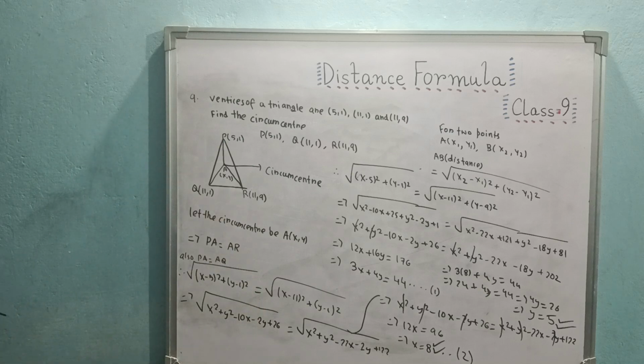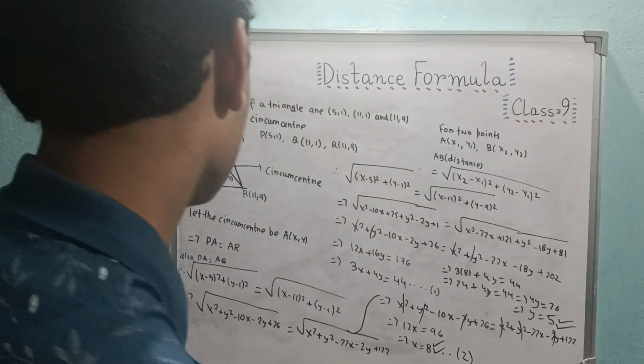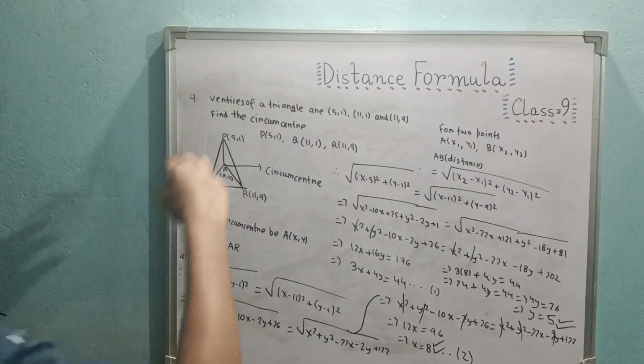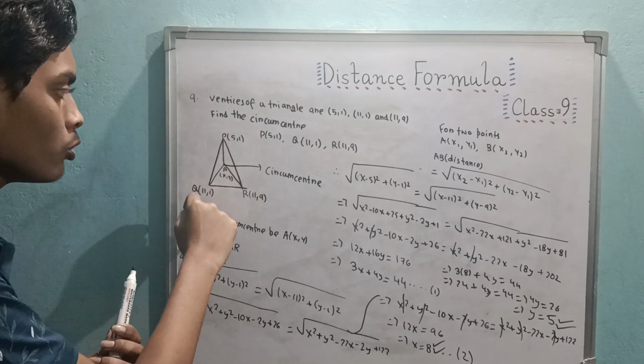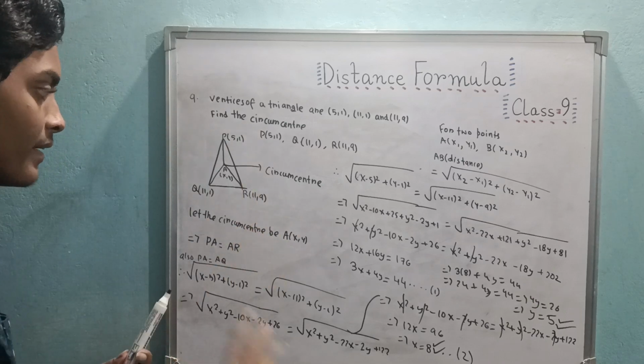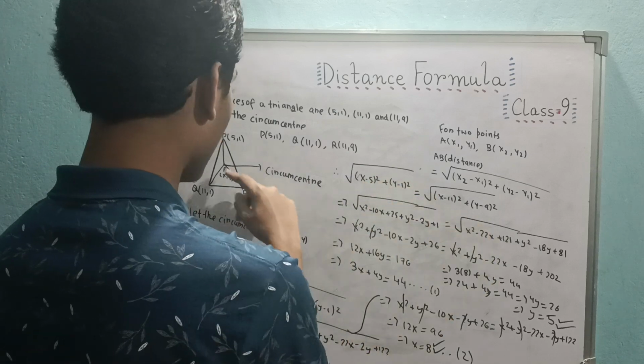Through a huge process, I will summarize it properly. Circumcenter is a point from which all the vertices of a triangle are equidistant. That means PA equal to AQ, PA equal to AR. I take the two equations: PA's equation equal to AR's equation.